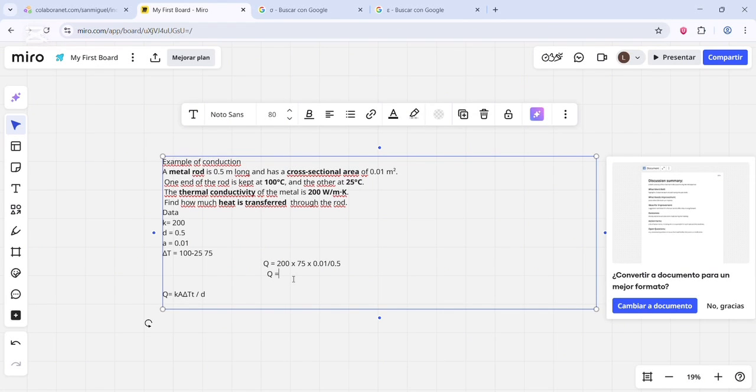Now we have to multiply 200 times 75 times 0.01, which gives 150 over 0.5, which gives 300 joules. So 300 joules are transferred through the rod.